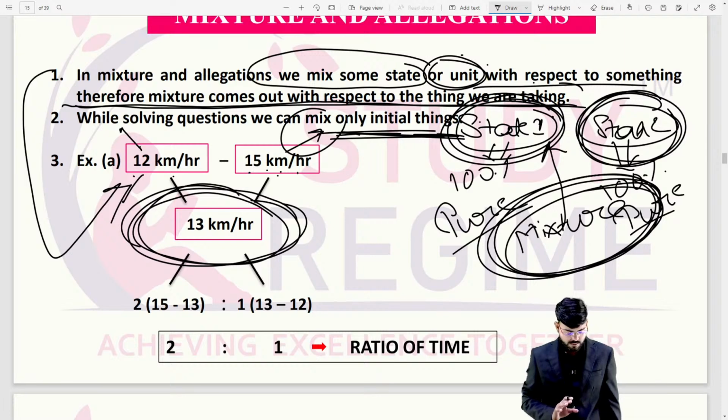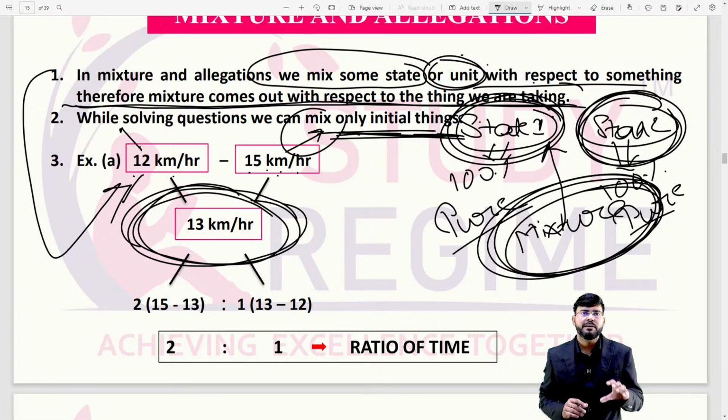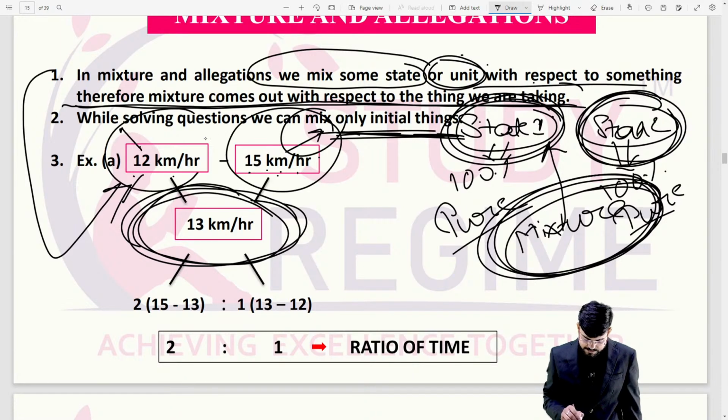Clear? The car is moving at a speed of 12 km per hour and next at 15 km per hour, and since I want to find the average, the value comes out to be somewhere in between. So it is 13. This is the average value.